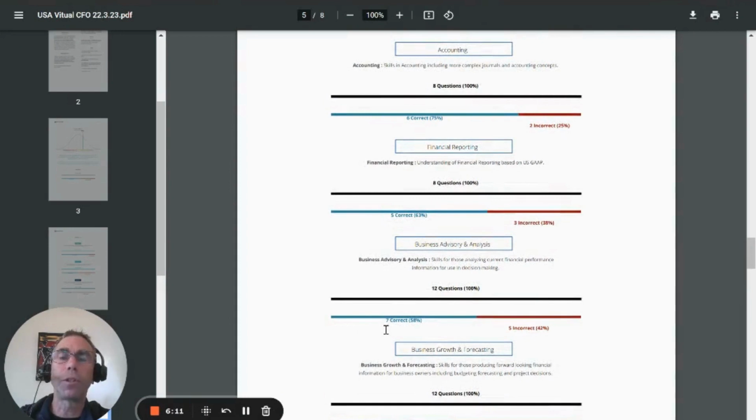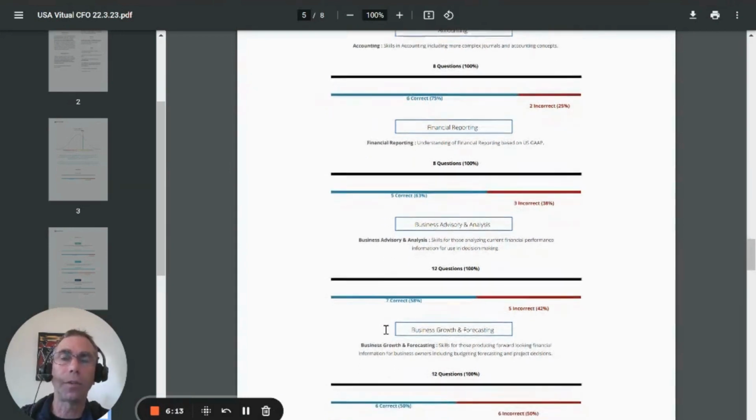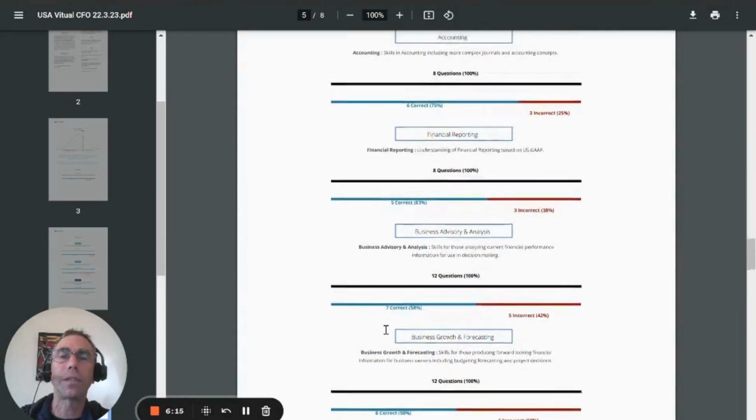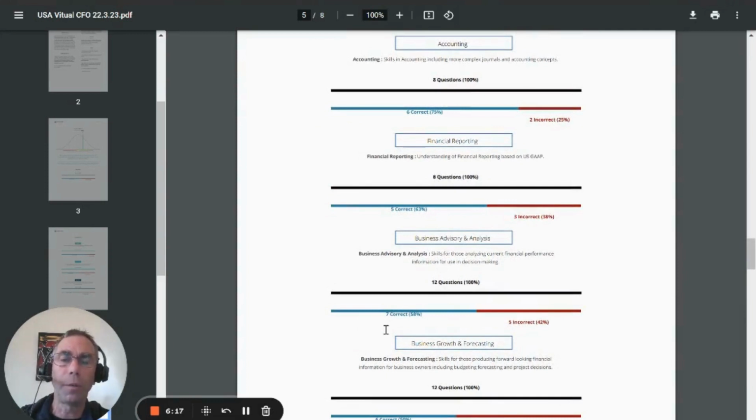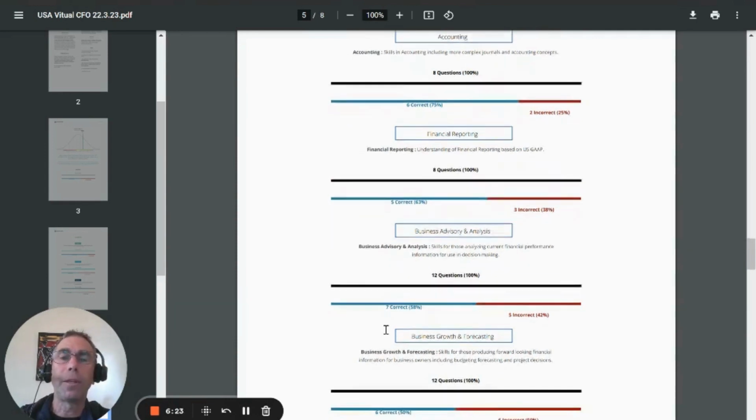You can see how your candidate's done on each of those areas, and you can see this candidate has done well in the accounting area, but struggled quite a bit in the forecasting, forward-looking area. It might be that you've got a job where one of those particular areas is of more interest than others, and you can focus in on that.